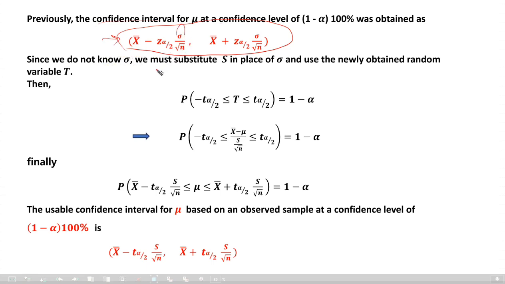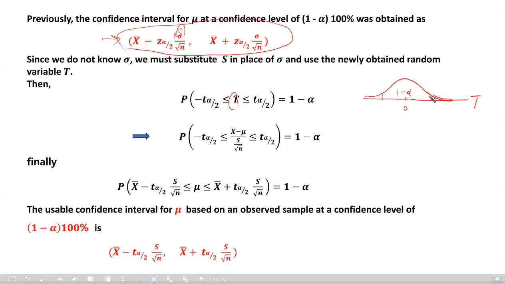So we replace sigma with S here, and it changes to the new random variable t, as I told you just before. So remember this graph: this is t, 0.